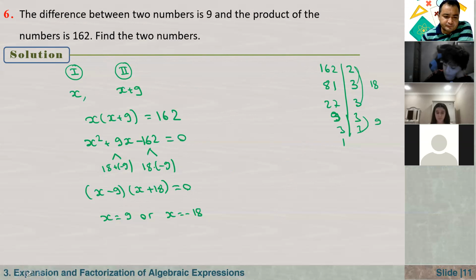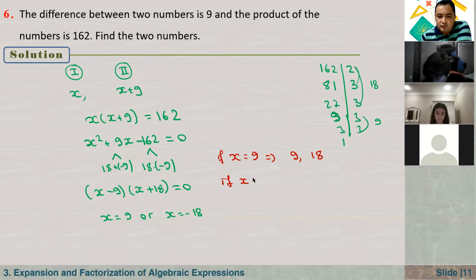So number 1: if x equals 9, the first number is 9, the second number is 18. If x equals negative 18, the first number will be negative 18, and the second number will be negative 18 plus 9, which equals negative 9.